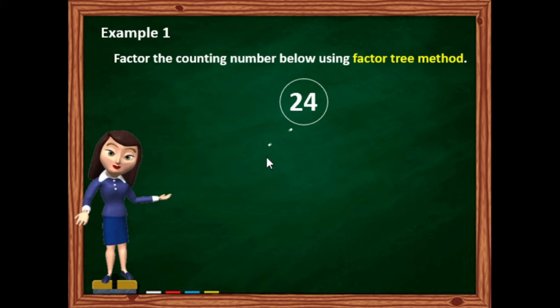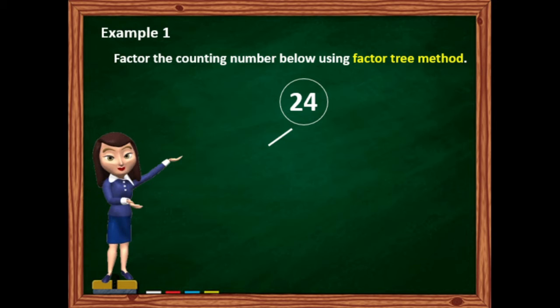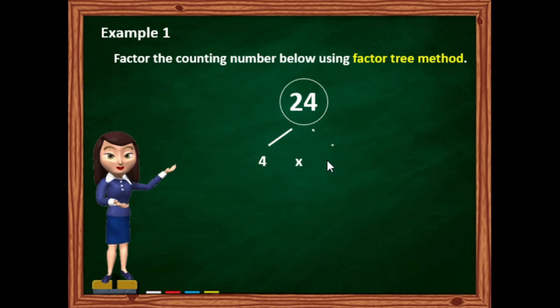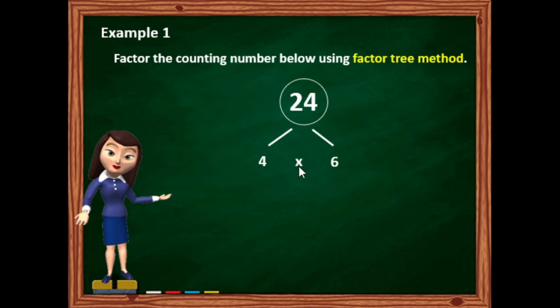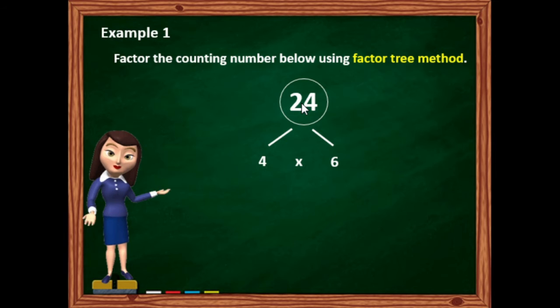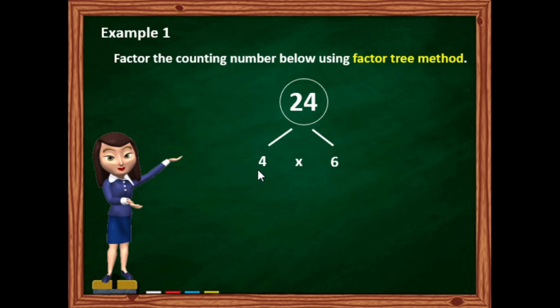You can have actually different, but in this example you can see 4 times 6. Okay, 4 times 6 is equal to 24.